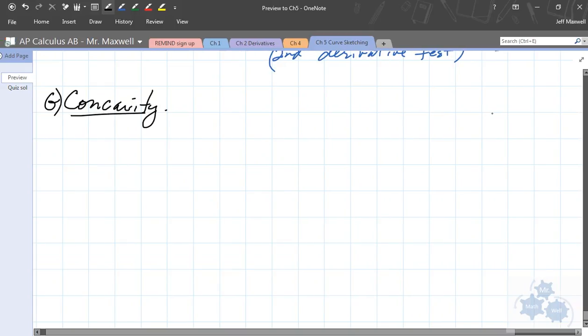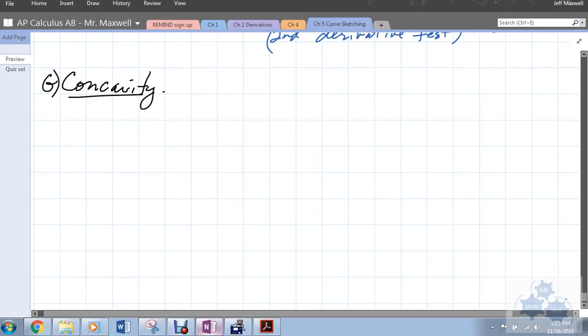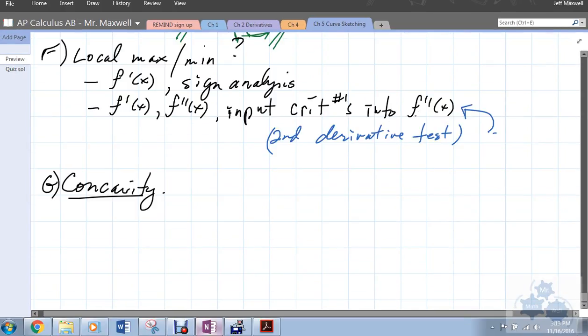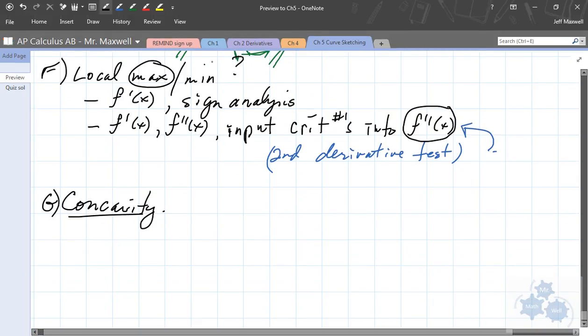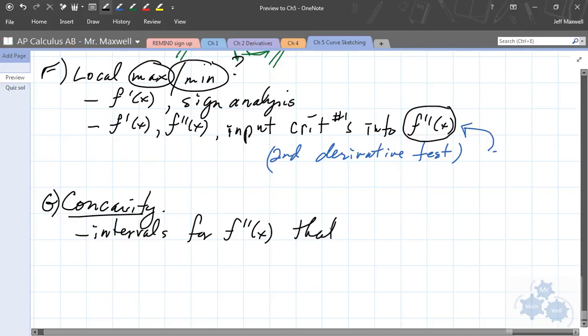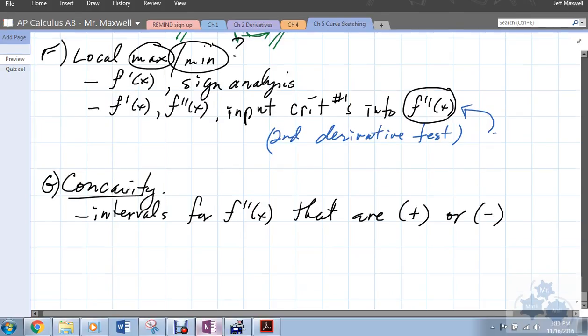Concavity. And so the second derivative, that was to test for max or mins. For concavity, we look for intervals for f double prime of x that are positive or negative.